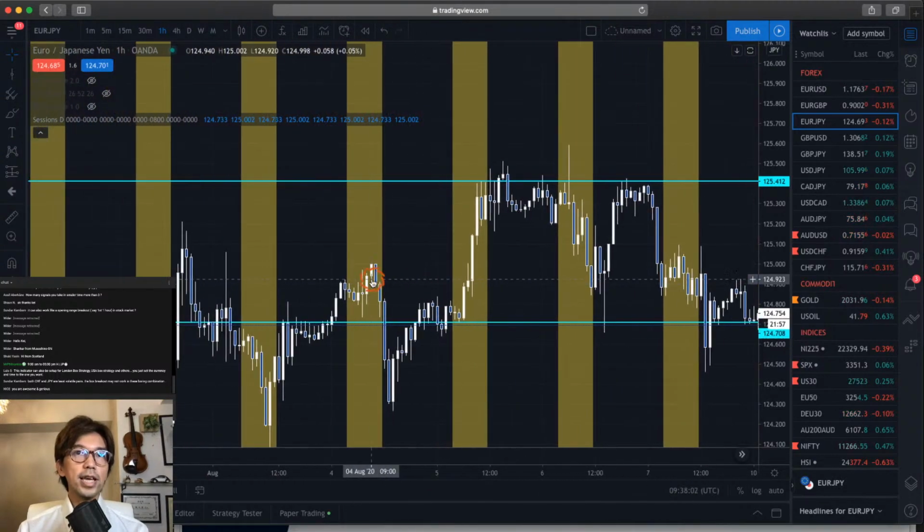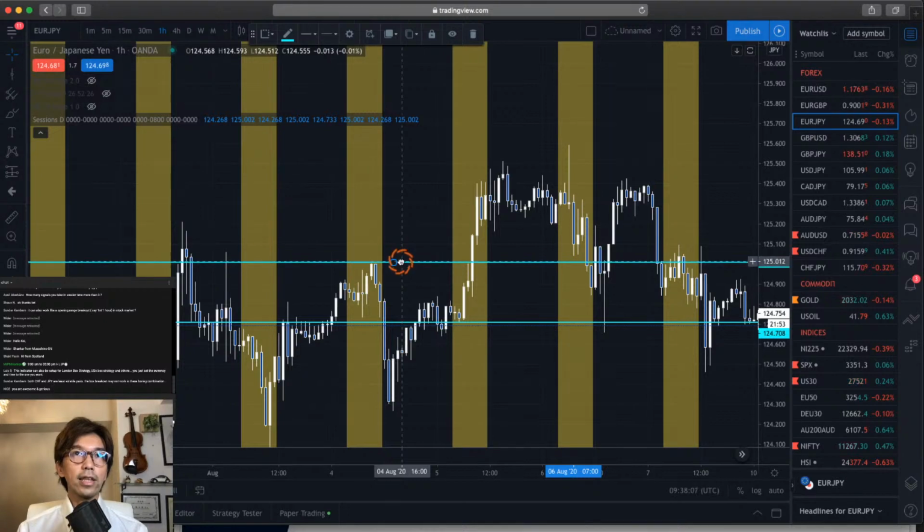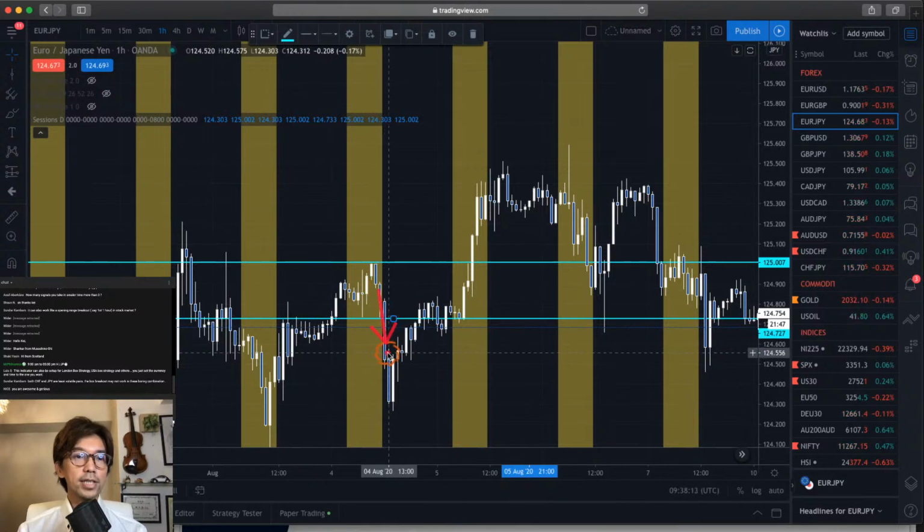And even the previous day, on this 4th of August, the highest price was here, and the lowest price was right here. And this time you must be able to run some profit. It went downwards, and yeah, you must be able to at least break even or take some profit over here.